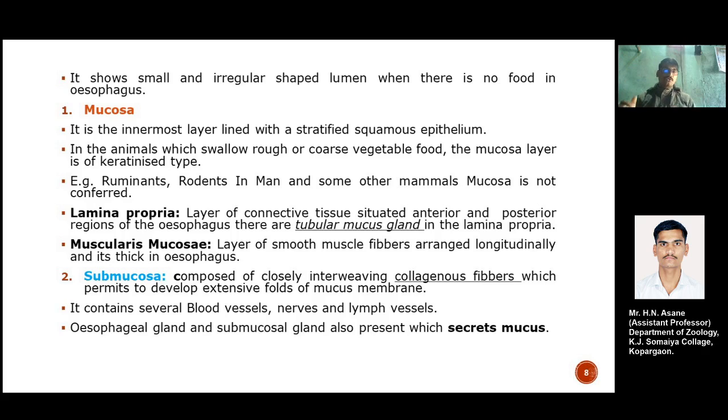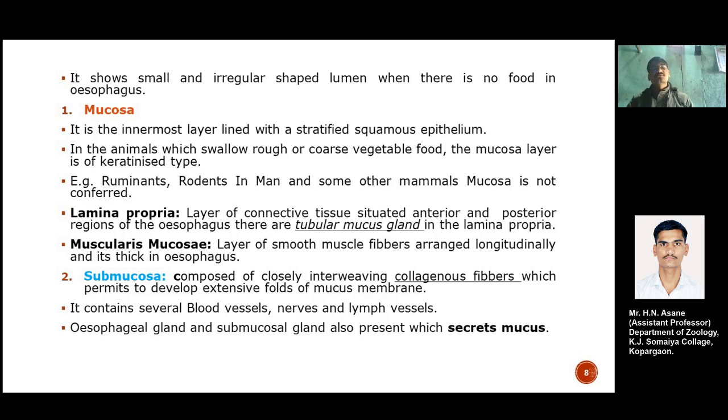The mucosa is the innermost layer lined with stratified squamous epithelium. In animals which swallow rough food or coarse, uncooked vegetable food, like ruminants and rodents, this mucosal layer is keratinized.